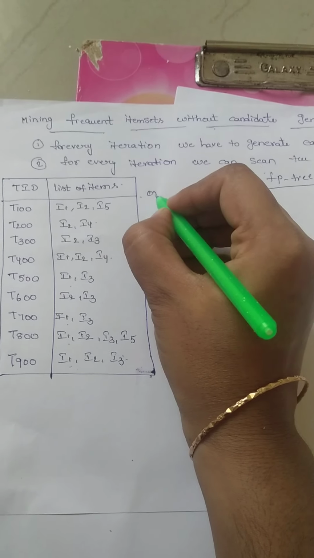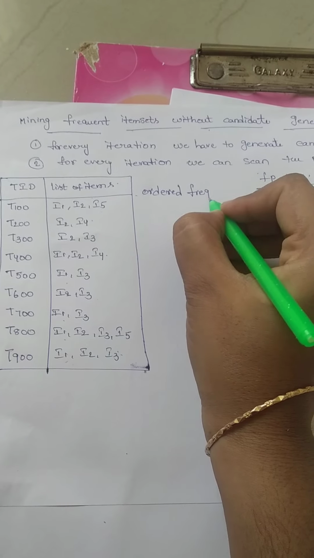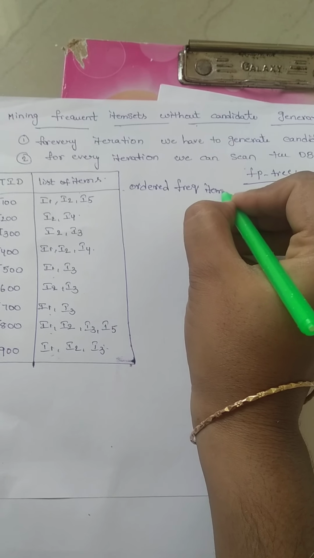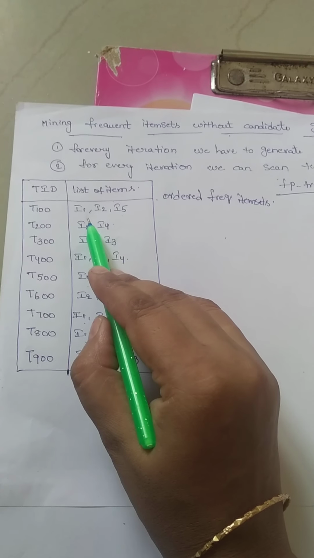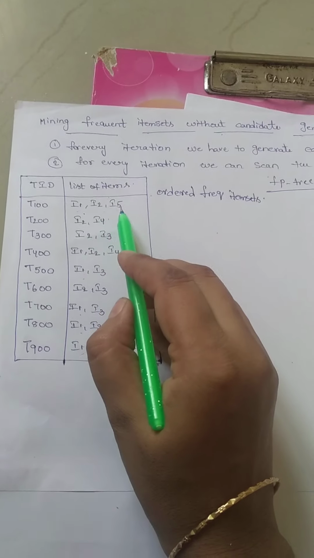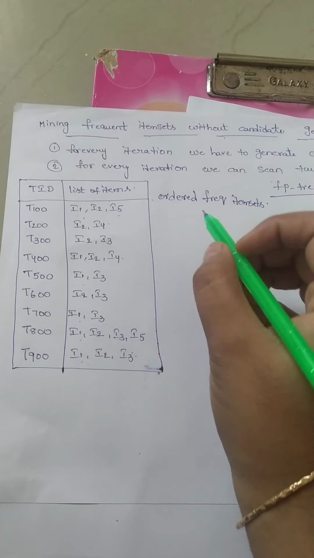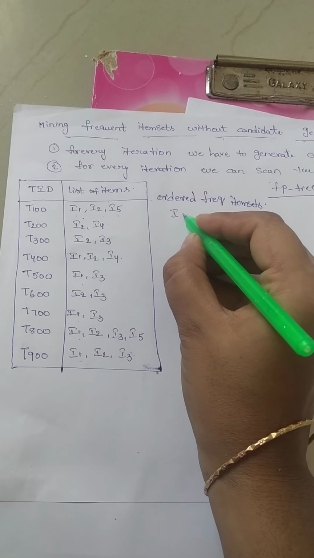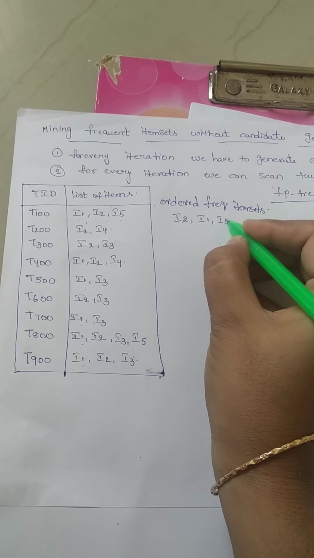Here we write the ordered frequent item sets. The first transaction has items I1, I2, I5. Which has the highest count? I2. So first we write I2, I1 and I5.